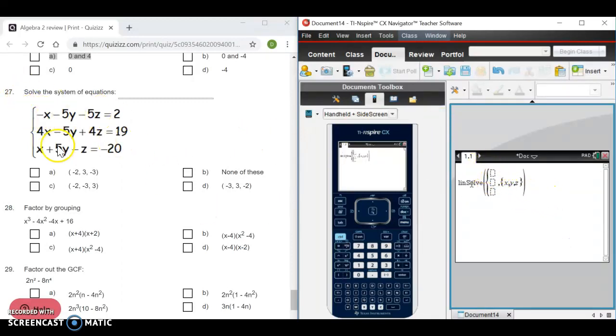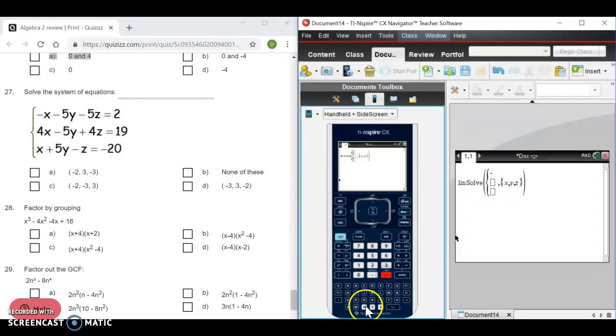So the top on your calculator you would have to write negative x, minus 5y. I didn't put in the 5, but you have to put in negative 5y.